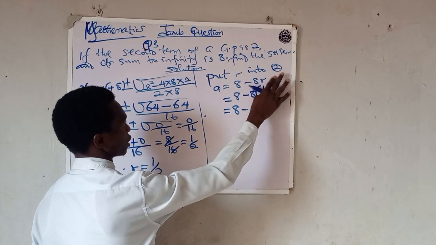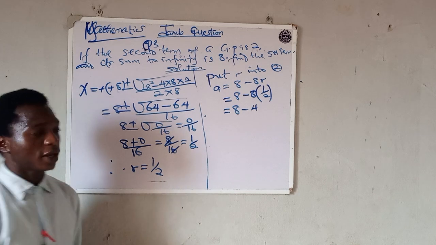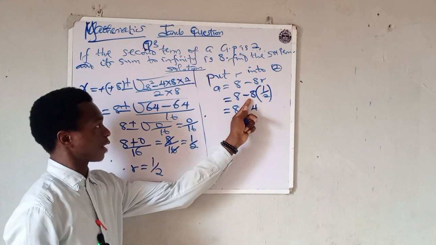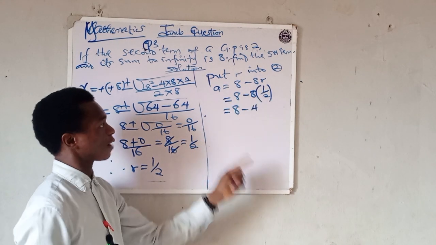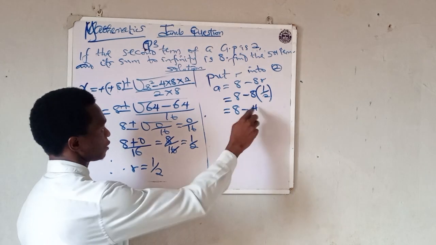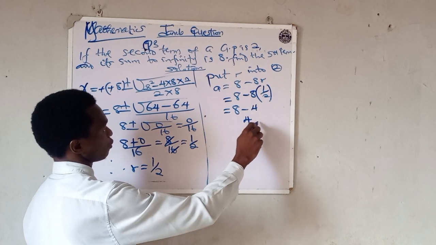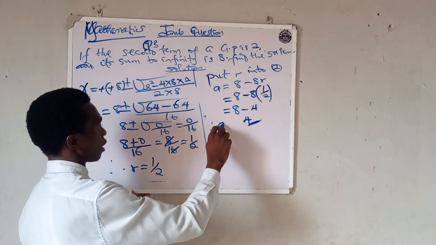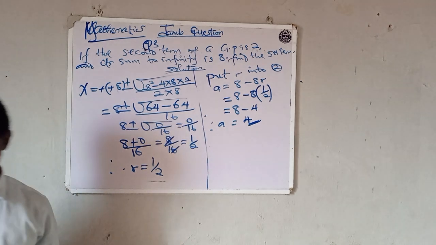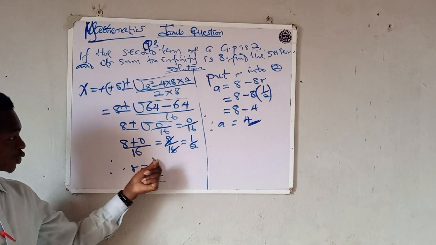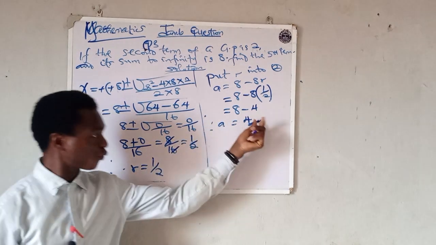Then 8 minus 4 gives 4. Therefore, our A is equal to 4. The common ratio is half, while your first term is 4.